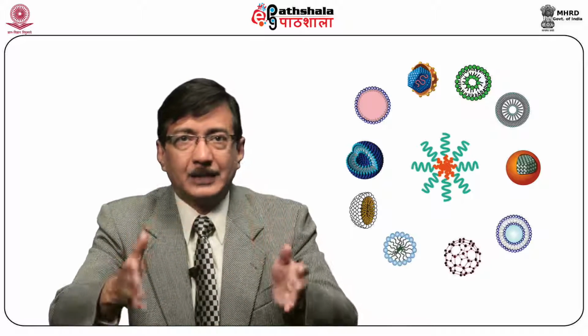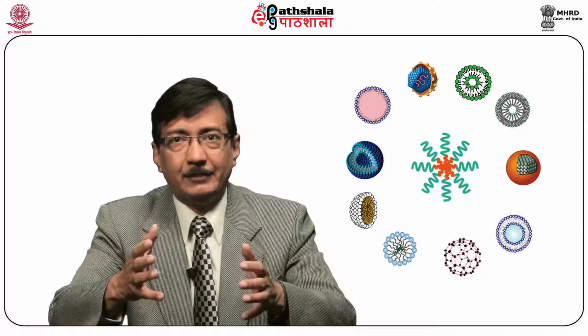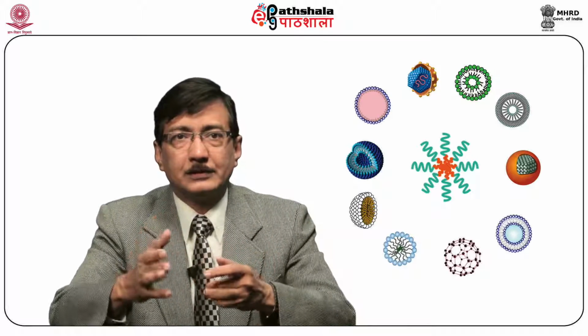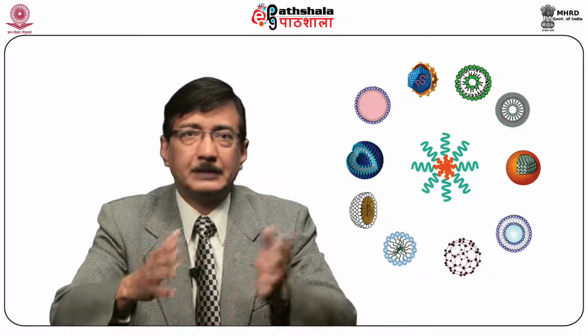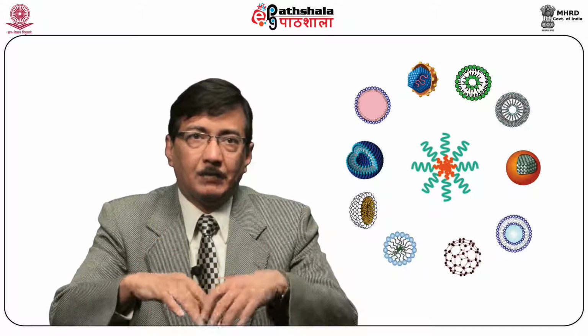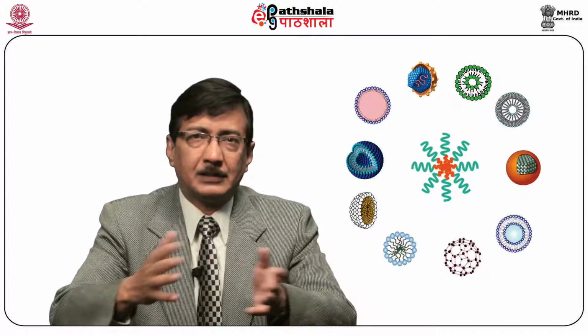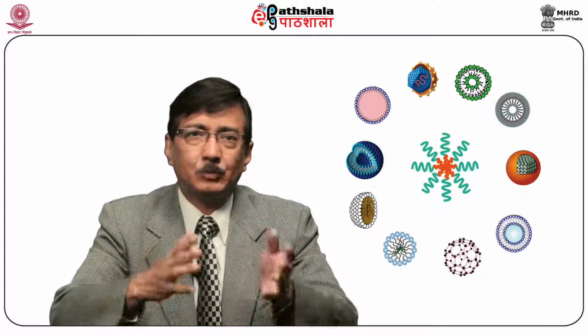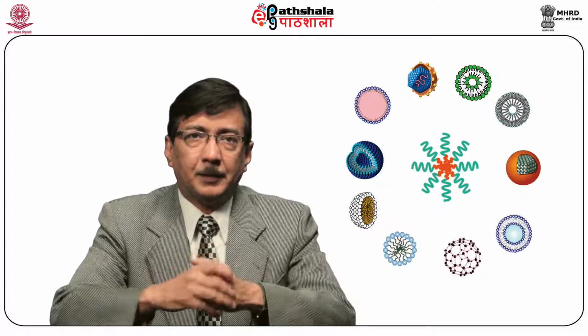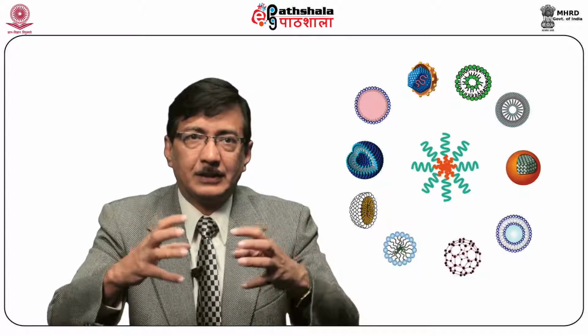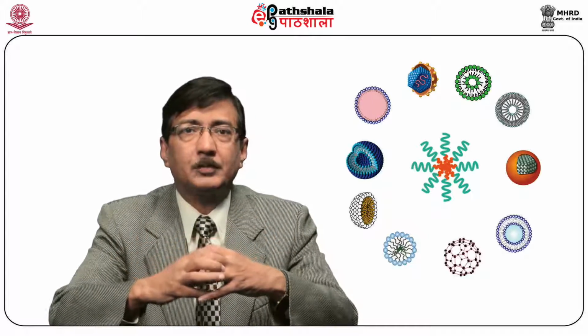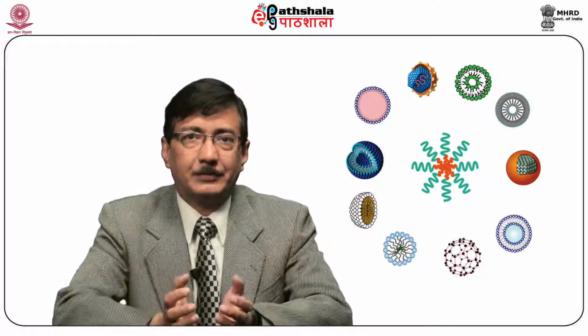Microspheres are basically dry, free-flowing powders, and they mostly consist of synthetic polymers, natural polymers, or proteins, which may or may not be biodegradable. They have a particle size of around 200 micrometer or less, and they are made up of polymeric substances in which the drug is either dispersed throughout the matrix or encapsulated inside the matrix.